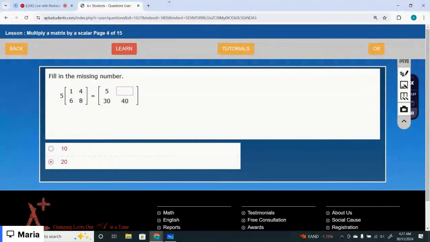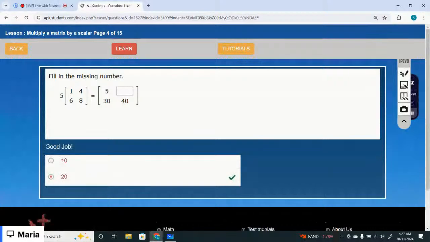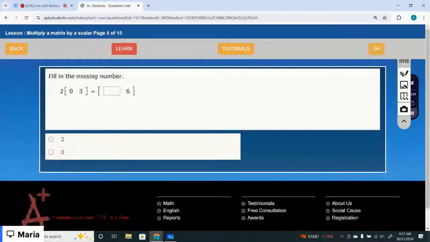The 20 is missing. Find the missing number.